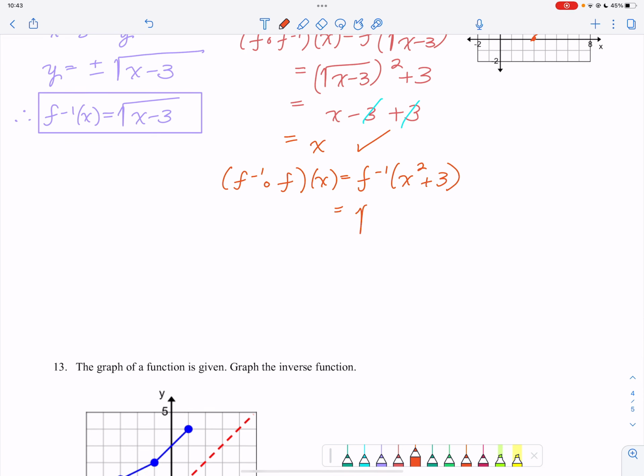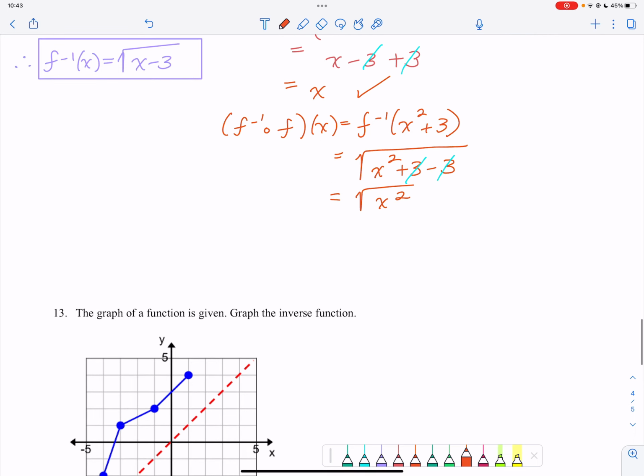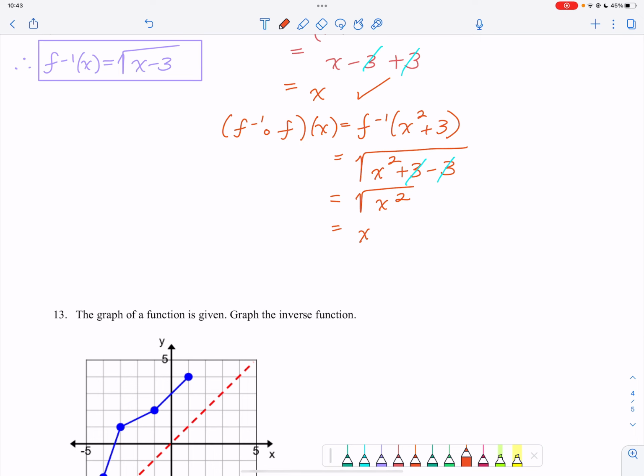And that's the square root of x squared plus 3 minus 3. And that's the square root of x squared. And that's actually equal to x, where x is greater than or equal to 0.